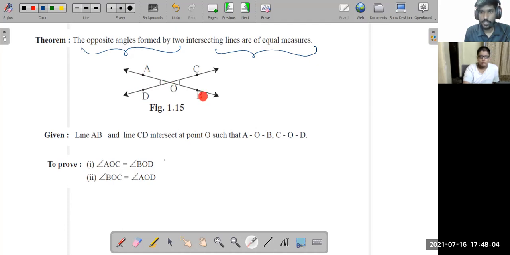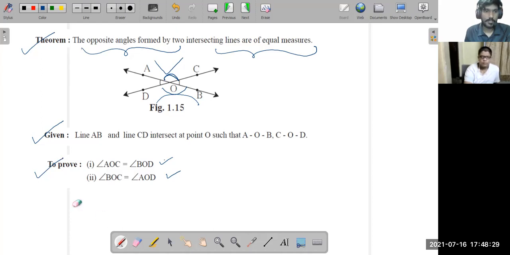They are opposite to each other. Also, angle AOC and angle DOB are opposite. So you have to prove that these pairs of opposite angles are equal. So: theorem, given, and what to prove. Have you understood this?